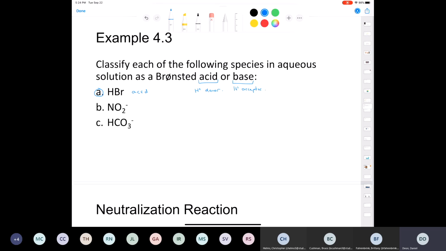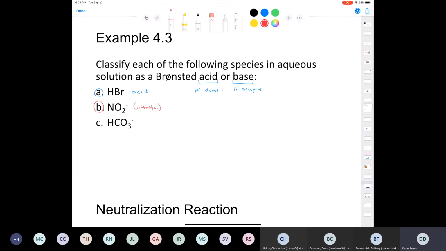Okay, so with those in mind, the next ion, who could name NO2 minus? This goes back to nomenclature. What's NO2 minus? Yeah, it's the nitrite ion, right? This is nitrite.